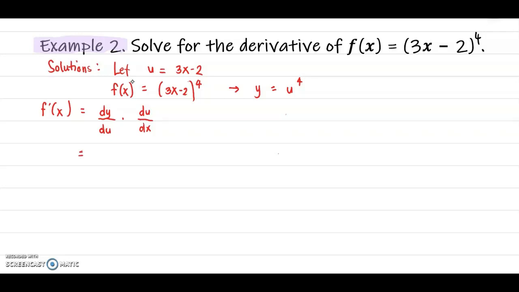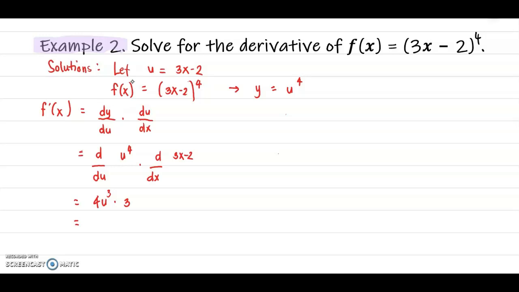Our y is u^4, so we have the derivative of u^4 with respect to u, times the derivative of 3x - 2 with respect to x. Find the derivative: the derivative of u^4 is 4u^3, times the derivative of 3x - 2, which is 3.